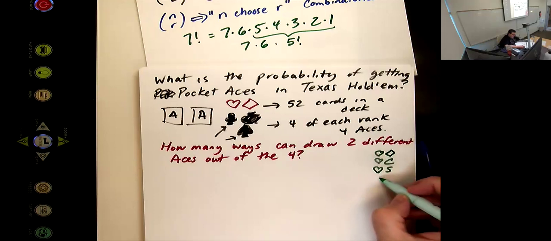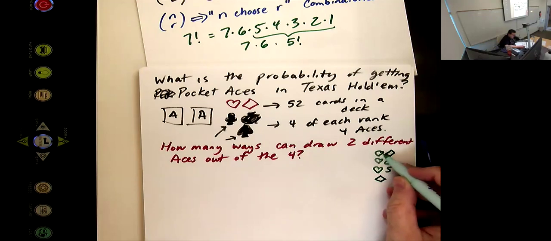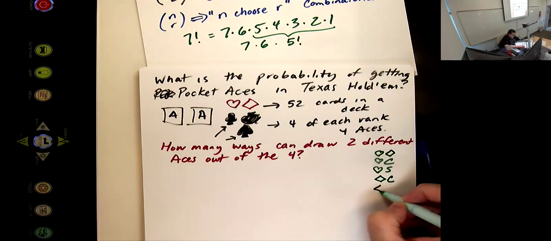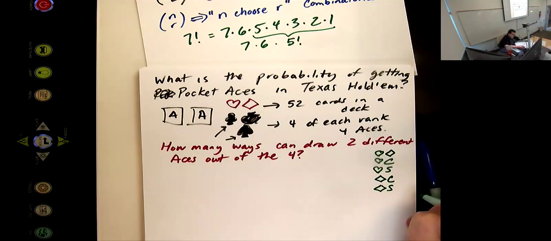Then I could do diamonds with everything. Diamond already has the hearts. So we could have diamond club and diamond spade. And we could have club and spade. So there's really only 6 ways we could draw 2 of the aces, assuming the order doesn't matter.